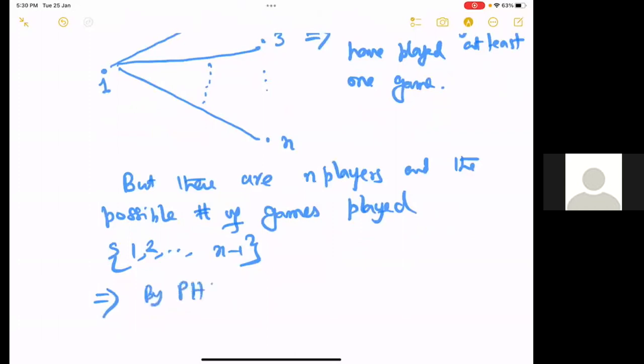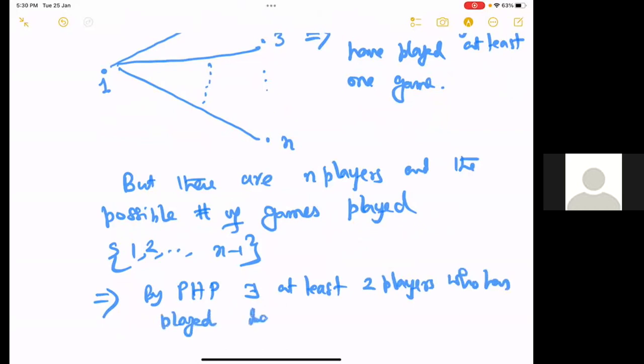By PHP, there exist at least two players who have played the same number of games.